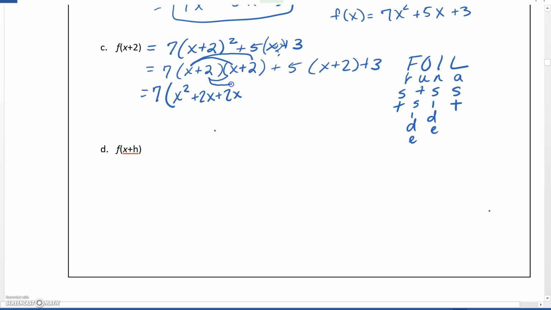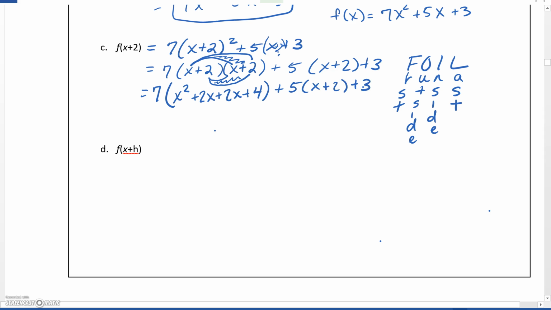And then the last terms, 2 times 2 is 4. And I like to draw it like this because a student once told me that this looks like a crab claw. So if you get a claw like this, you've reached all the terms. Bring the rest down.